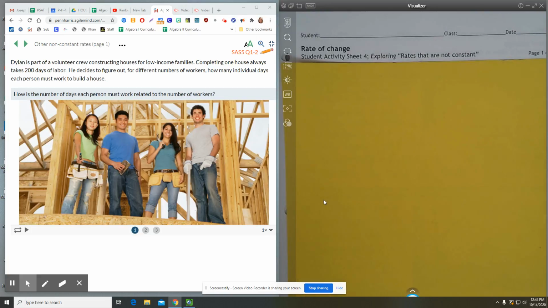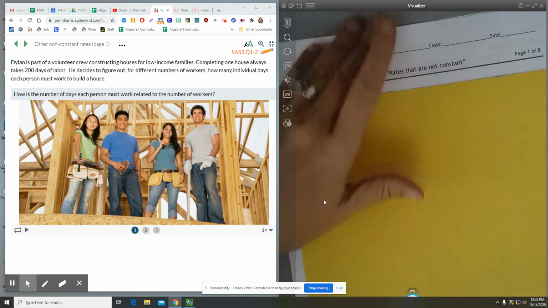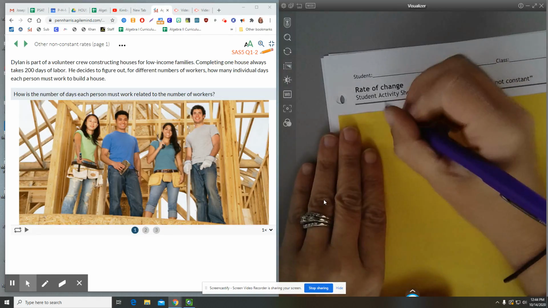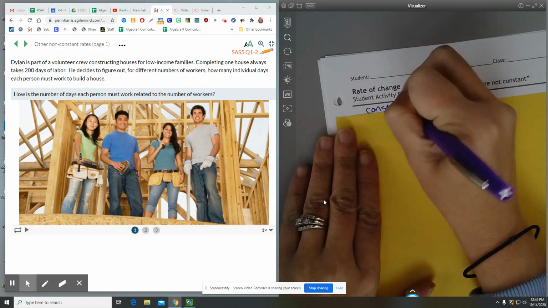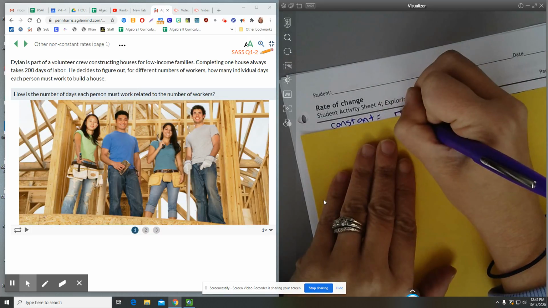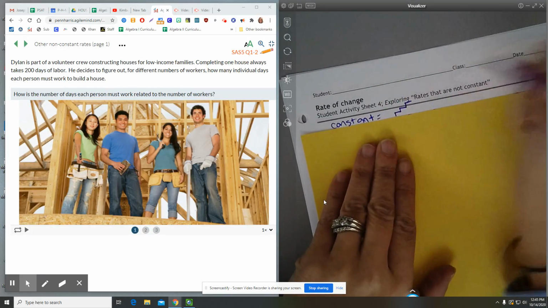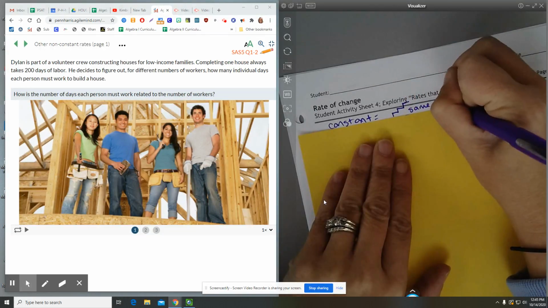So just a quick recap here, guys. When we talked about constant rates, you might want to write this down on your paper. Write it anywhere. Constant meant that as one increased, the other increased at the same rate.